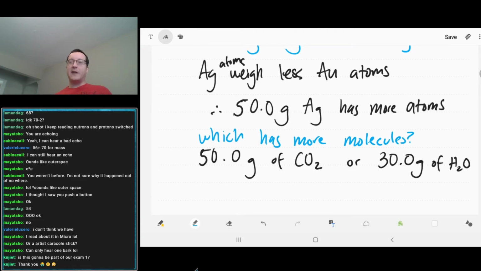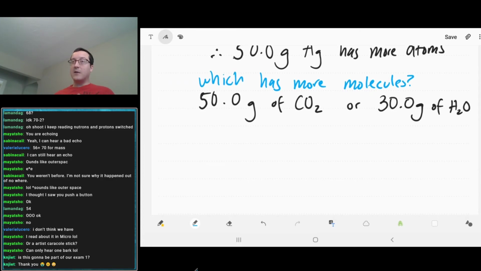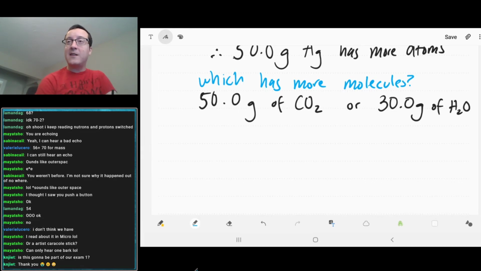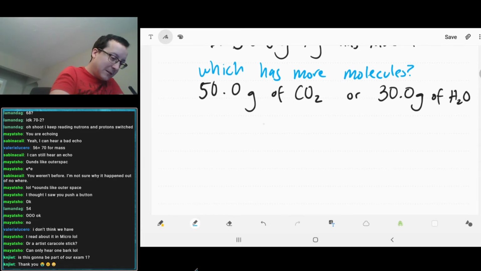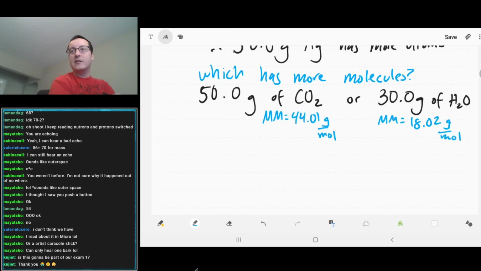This one we are going to have to calculate, just because these are different masses now. I've chosen these compounds because we have already calculated their molar masses, but if it were one that we hadn't, you'd have to calculate that molar mass. So molar mass here was 44.01 grams per mole, and this one was 18.02 grams per mole. Just giving you the numbers there, but you might otherwise have to calculate them yourselves.